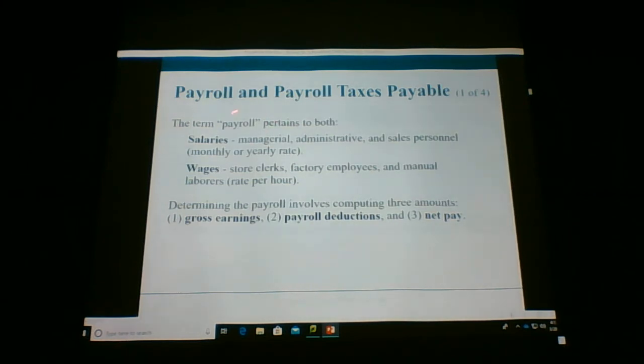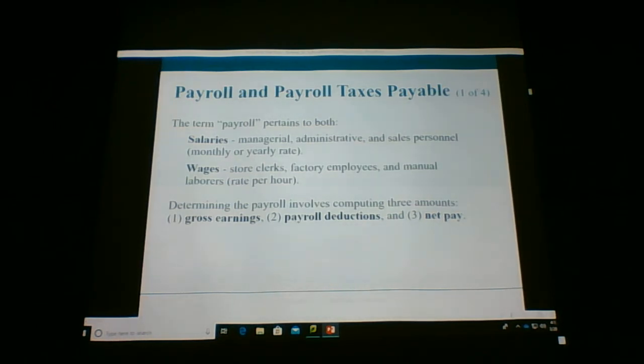We have some terms here. When we talk about payroll, we can be talking about salaries. Salaries are just individuals who get a certain set amount per month, per year, whatever the case may be, $60,000 a year, $80,000 per year, that sort of thing. It doesn't matter how much they actually work.